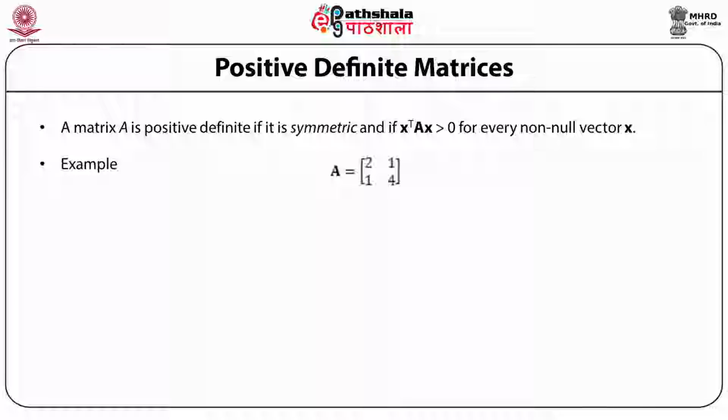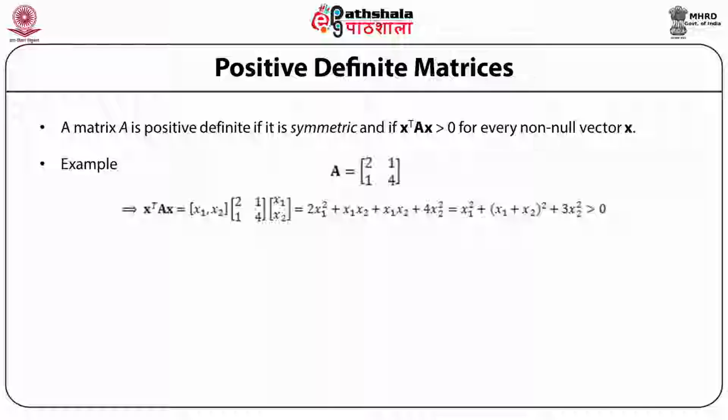This implies that x transpose A x equals (x1, x2) times the matrix times (x1, x2) transpose, which equals 2 x1 squared plus x1 x2 plus x1 x2 plus 4 x2 squared, which equals (x1 plus x2) whole squared plus x1 squared plus 3 x2 squared, greater than 0. Here A is positive definite.